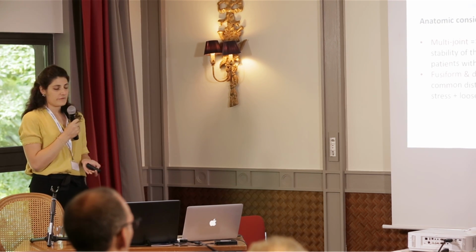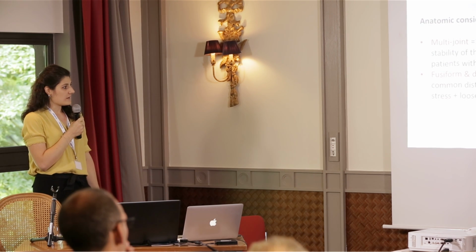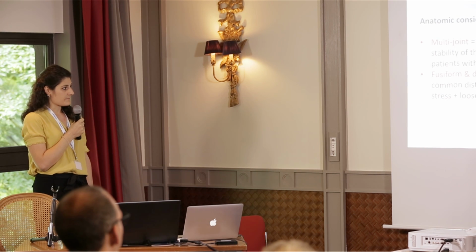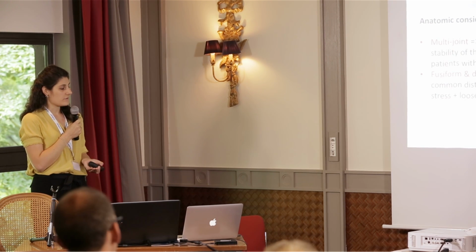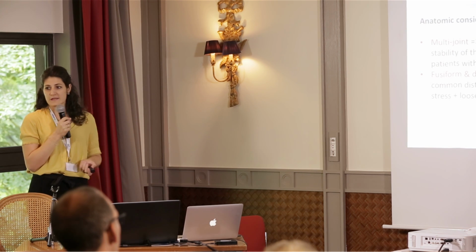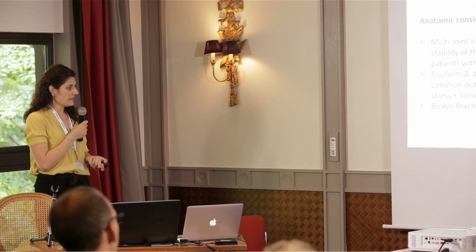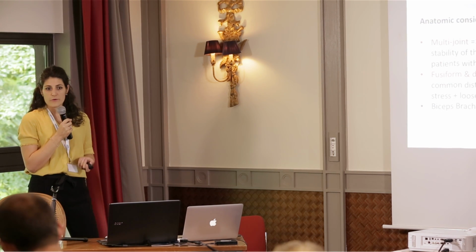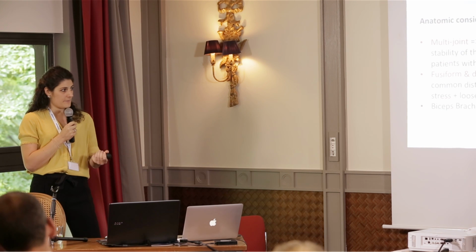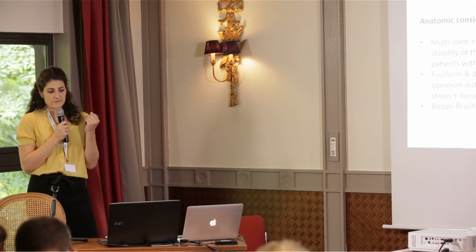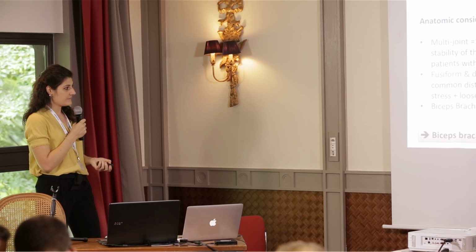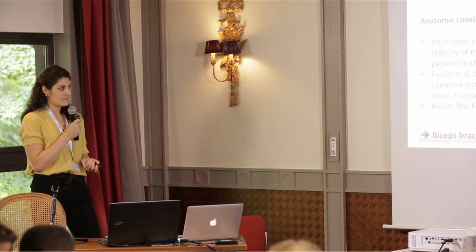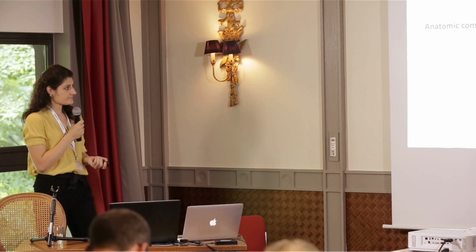This muscle is also fusiform and digastric, ending on a common distal tendon, so it is less able to bear stress and it loses power. We also know that the biceps brachii is a forearm supinator, so in the flexion and pronation pattern, this muscle is less involved. So the biceps brachii is not a strong elbow flexor compared to the brachialis.